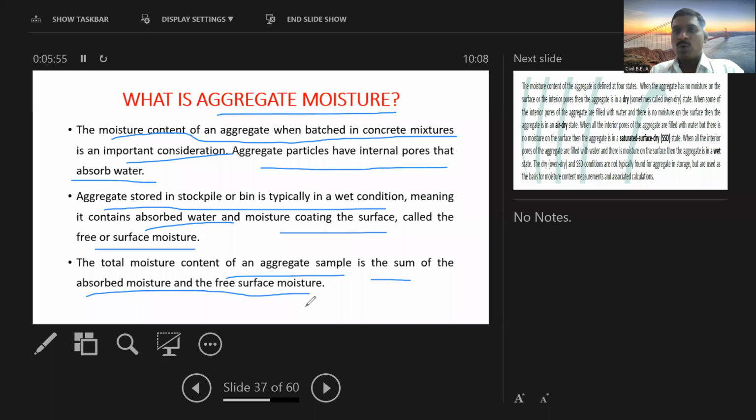It means if holes are there, the water may be absorbed, and if holes are not there, still some percentage of moisture is present on the surface of the aggregate.